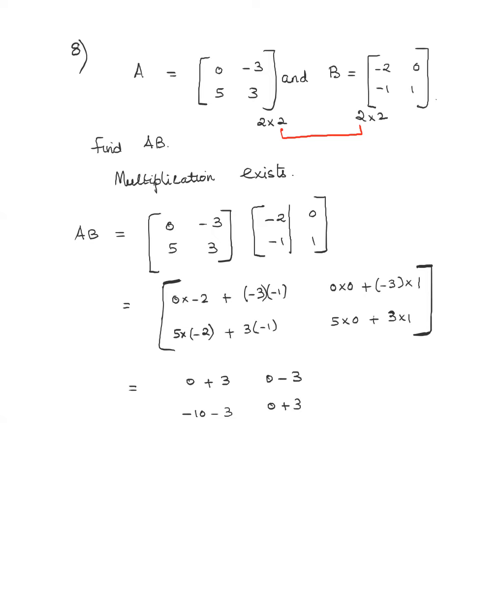It's -1. 5 times -1 here. 5 times 0 is correct.